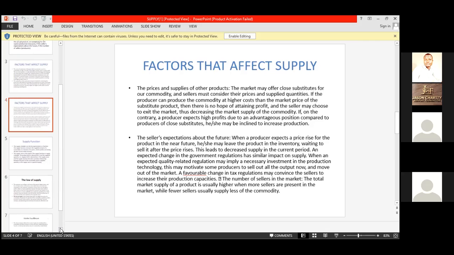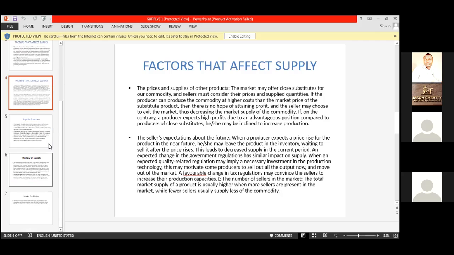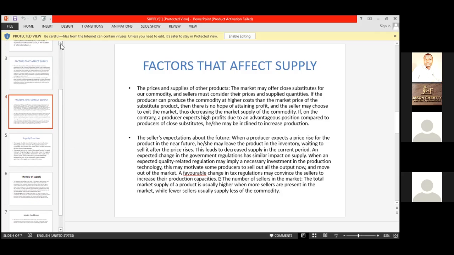The cost of production is usually determined by technology, and changing the technology often changes the supplied quantities of the commodity. So the cost of production determines what you are to produce.